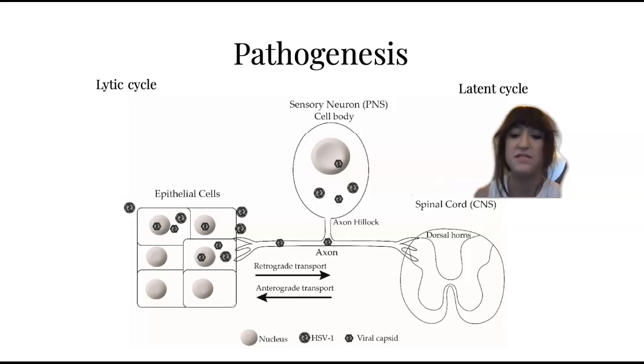HSV1 and HSV2 can also infect sensory neurons. Once in the body, the virus will travel up the axon to the cell body to start the latency cycle. The sensory neurons of the face have their cell bodies in the trigeminal ganglia, and the ones around the genitals are located in the sacral ganglia.